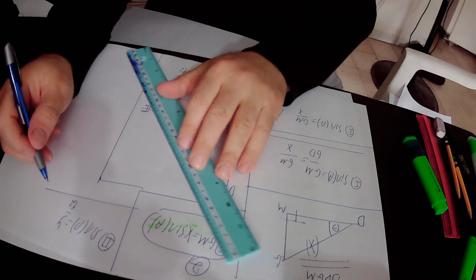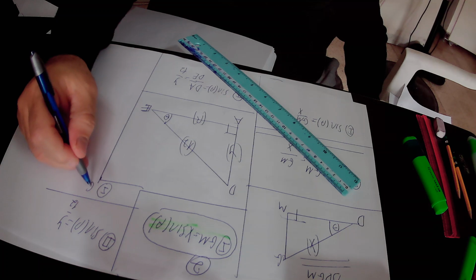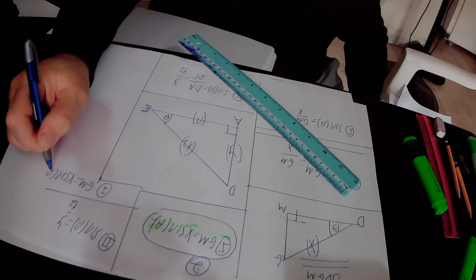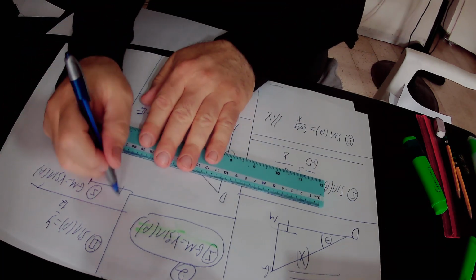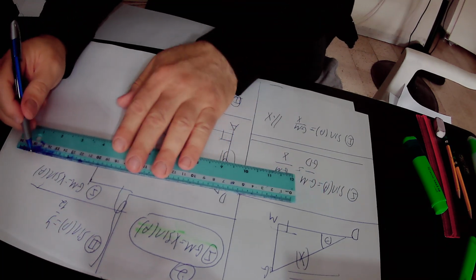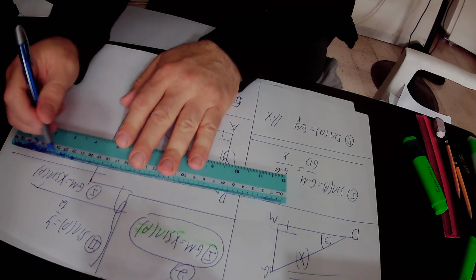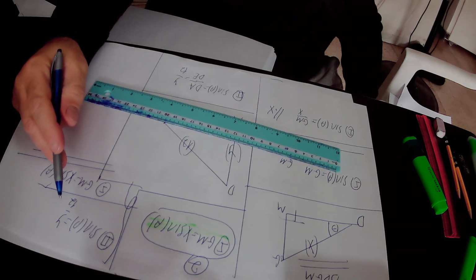While according to equation 1, we have already found out that GM equals X times sine theta. So we have here two equations. Now we can substitute sine theta in equation 1 by Y over 12 from equation 2.